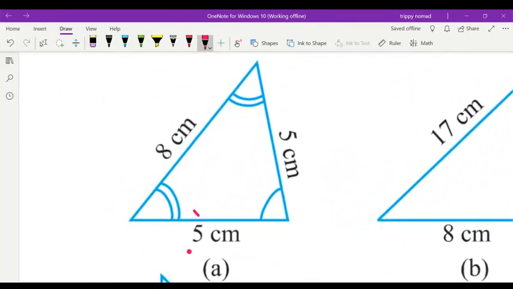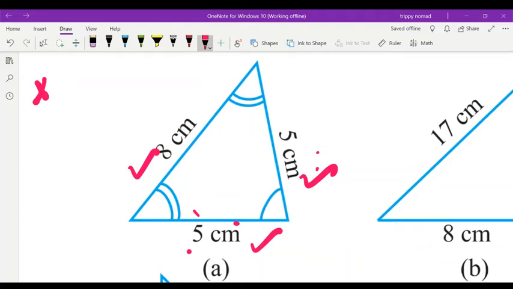Okay, here first we are going to discuss, children. Two sides are of equal measure. So what will it be on the basis of sides? This is called an isosceles triangle. What will you write in the first?